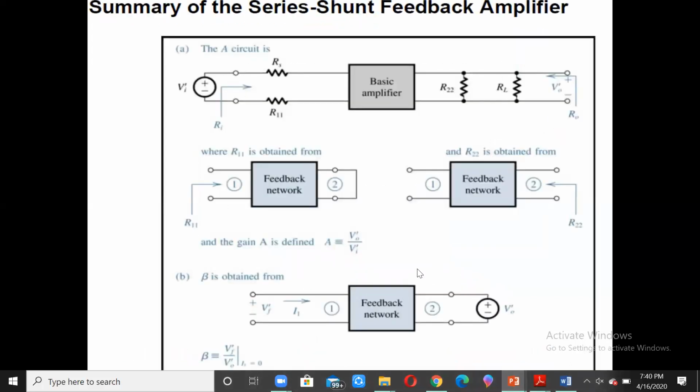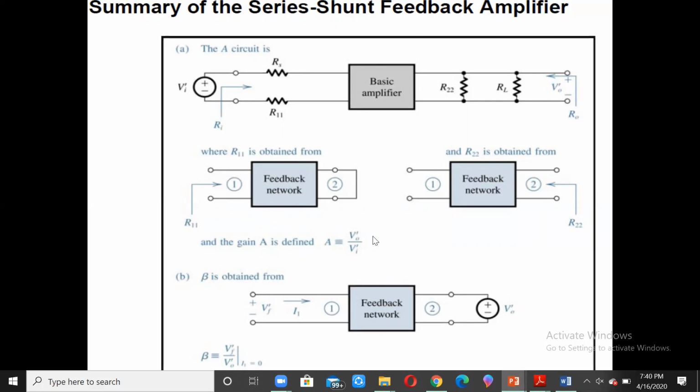So now the amplifier circuit is being shown over here with the two resistors at these points, and the two resistors coming in parallel here with the basic amplifier. To find R11, in the feedback network, we short the output and measure R11 from this side.